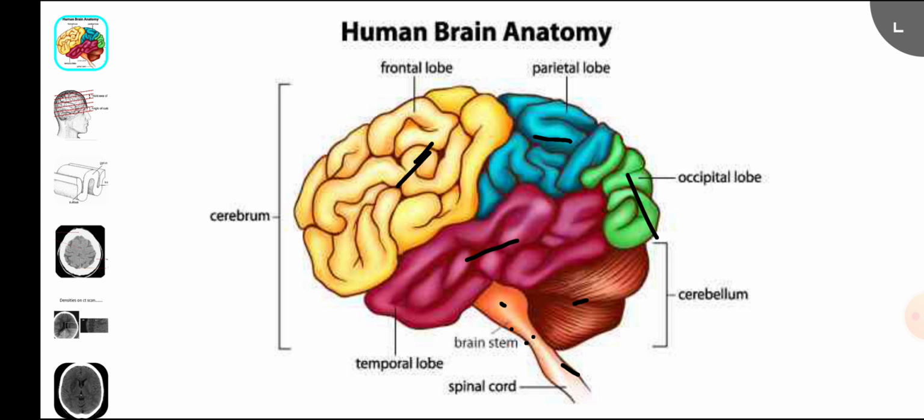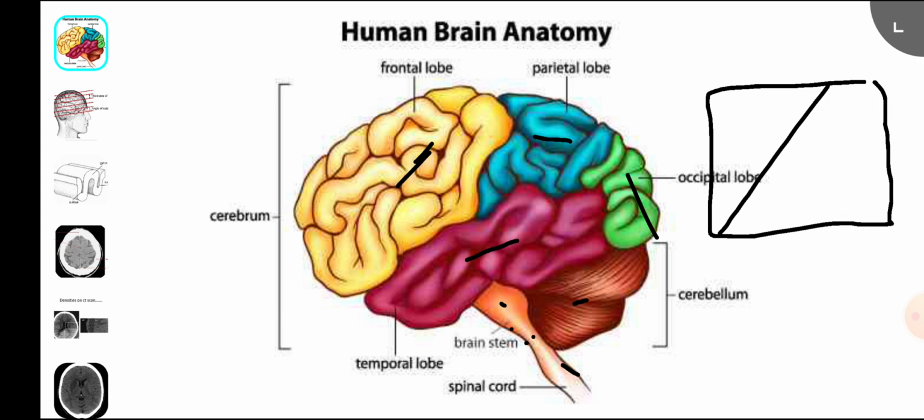If I construct a picture like this, that's going to be the frontal lobe, and here it is parietal, and below parietal is temporal, and above is occipital, and below is cerebellum. You need to keep this in your mind, okay?